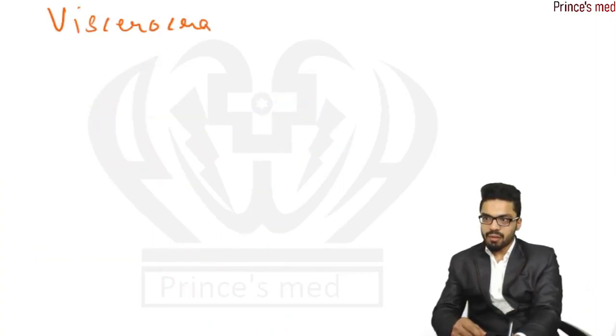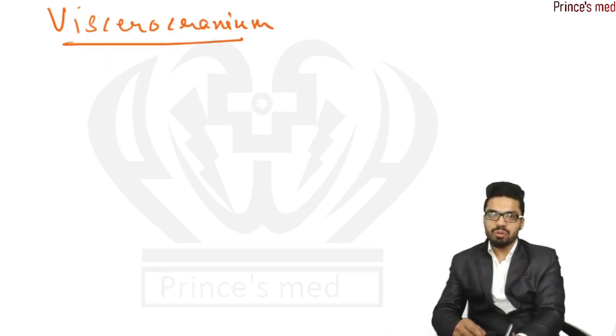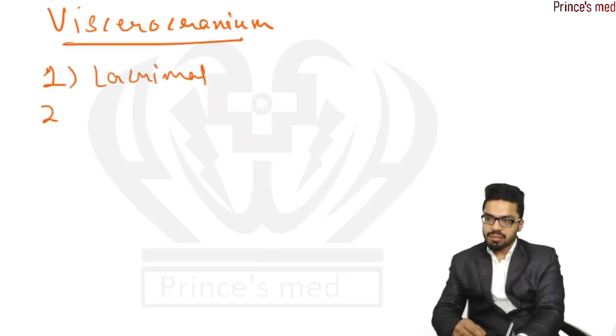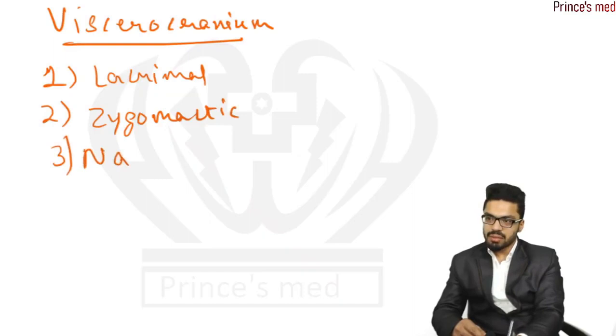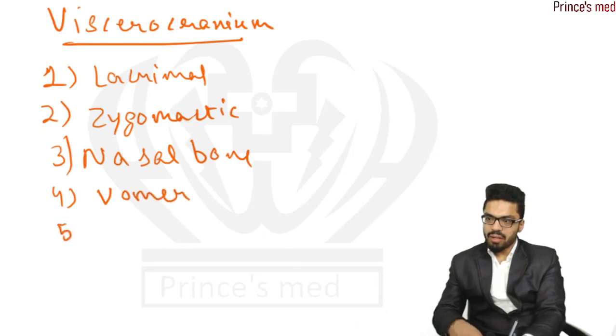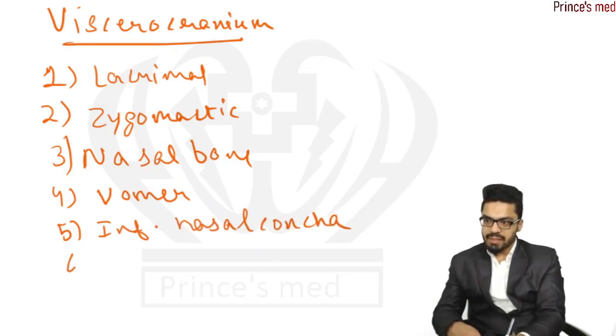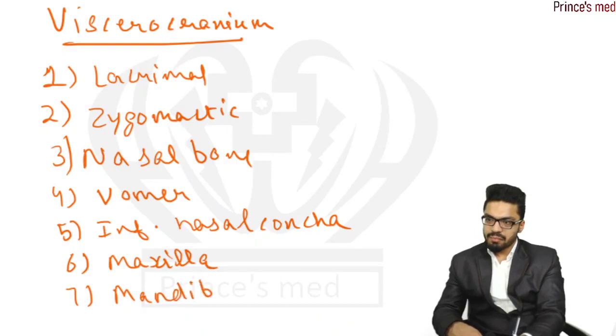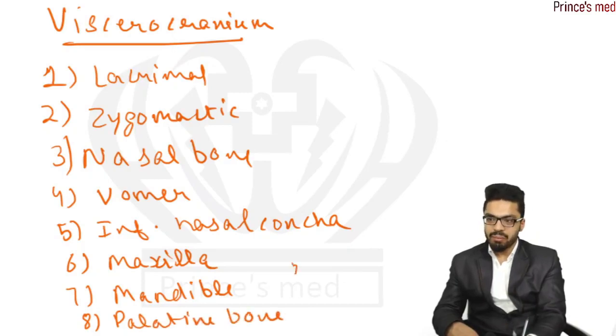Viscerocranium, our facial skeleton, is composed of lacrimal bone, zygomatic bone, nasal bone, vomer, inferior nasal concha, maxilla, mandible, palatine bone, and last is our hyoid bone.